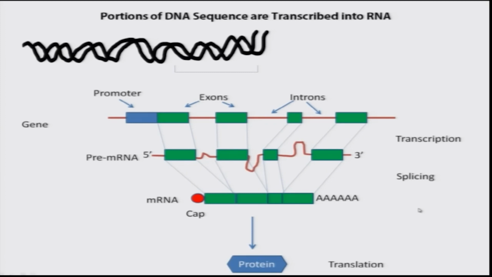For example, there could be regions, shown here in the red color line, that are removed to form what is called a matured messenger RNA. The regions that are retained in the mRNA are called exons, and the regions that are removed during this splicing process are called introns.